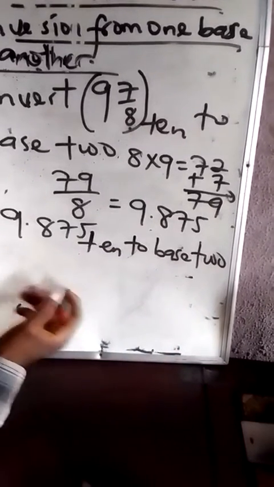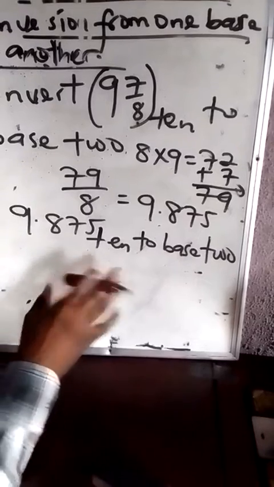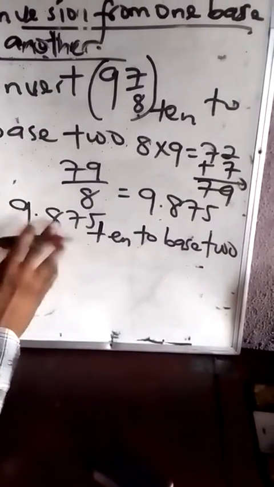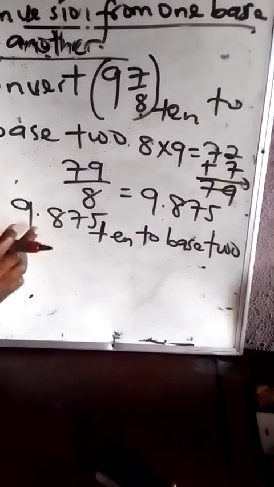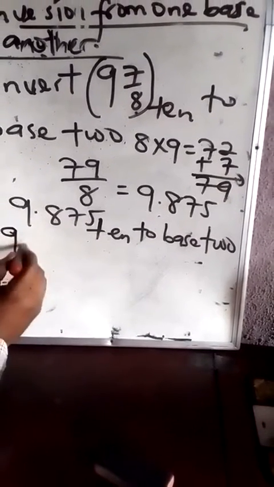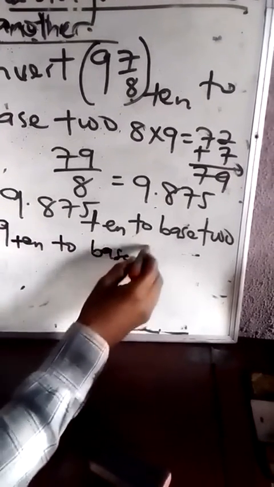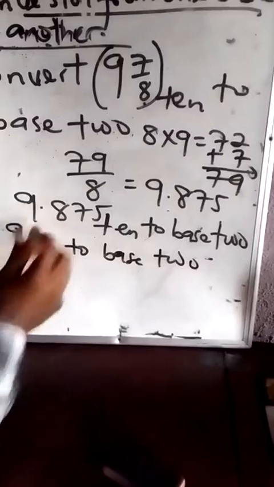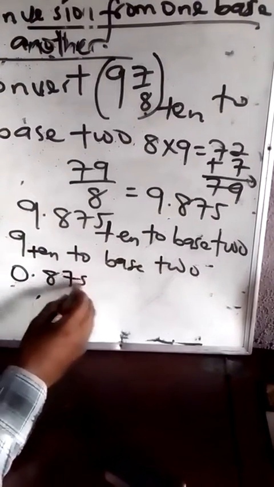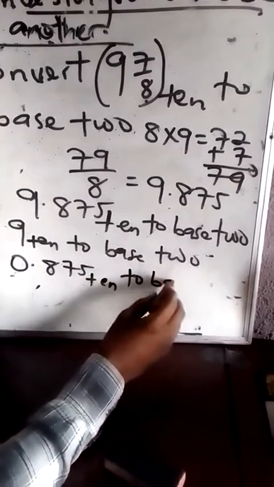I think I've told us this already, that from base 10 to base 2 is by division, and these things can be broken down into two. This one, because it's not 0, the first one is 9 base 10 to base 2, and the second one is 0.875 base 10 to base 2.